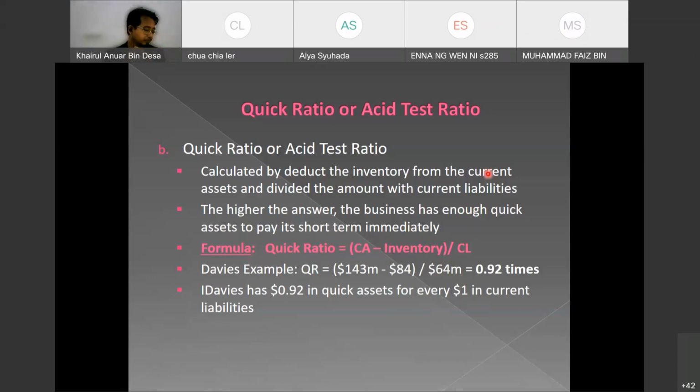Now, Nafizi. Nafizi ada? Yes, sir. Okey, Nafizi, bagi kita contoh current liability.